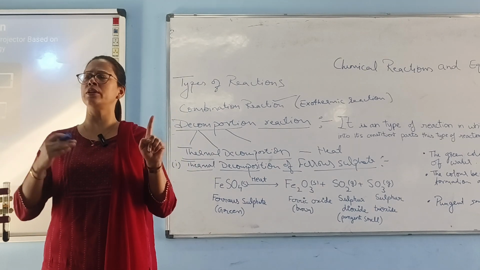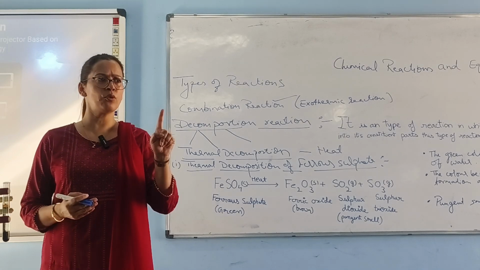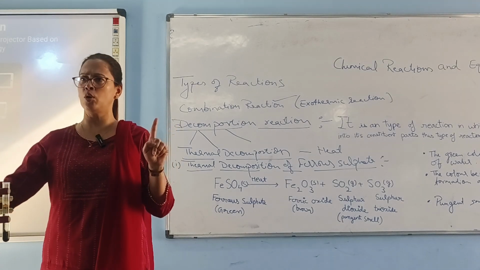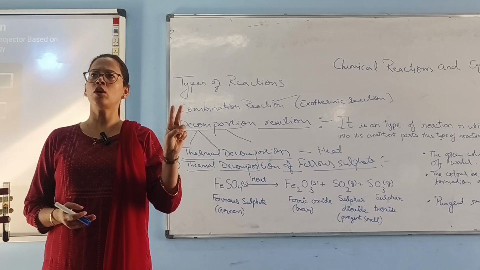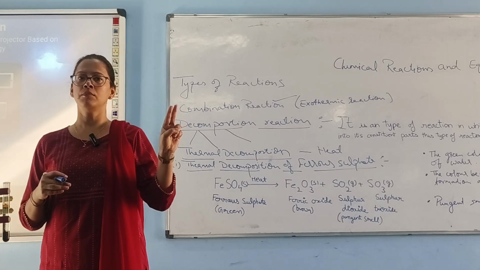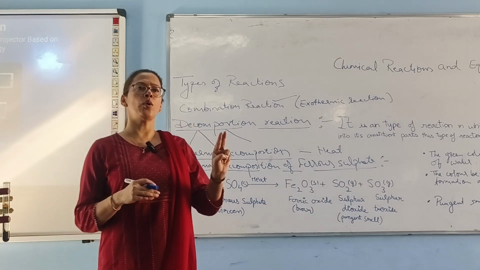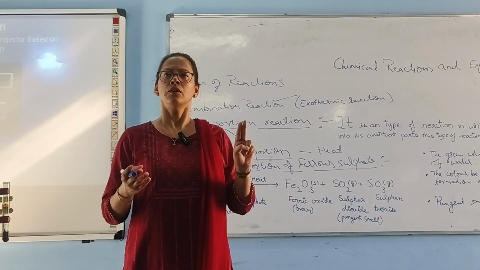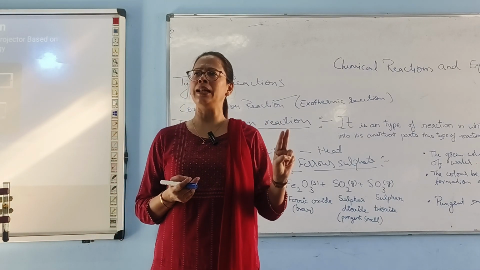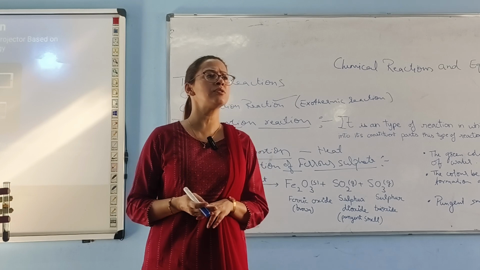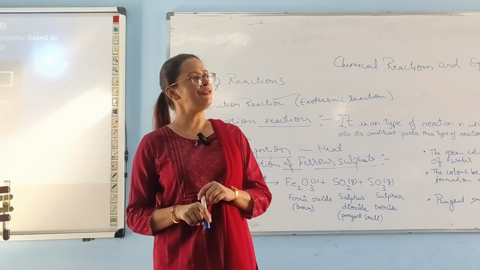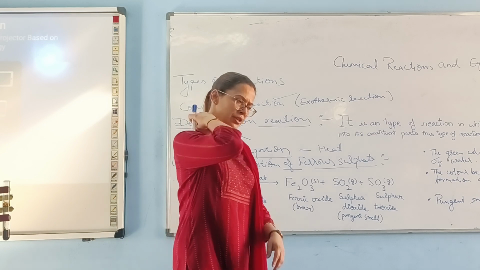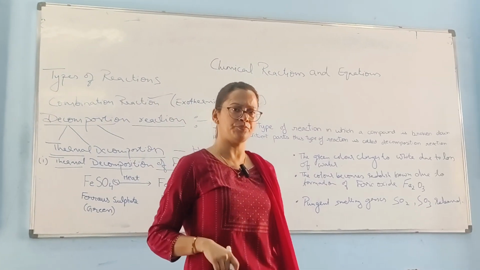So as soon as water is lost it becomes white, then when it is heated further it becomes ferric oxide. What is the observation? It is brown in color, along with that we also get a pungent smell. The pungent smell is of sulfur dioxide and sulfur trioxide. ठीक है.